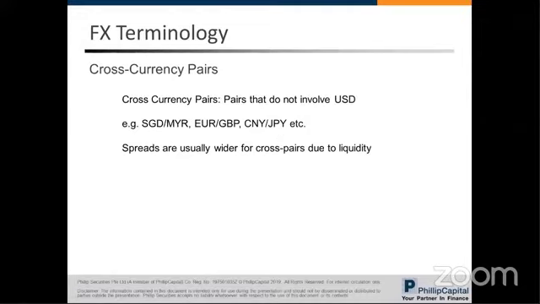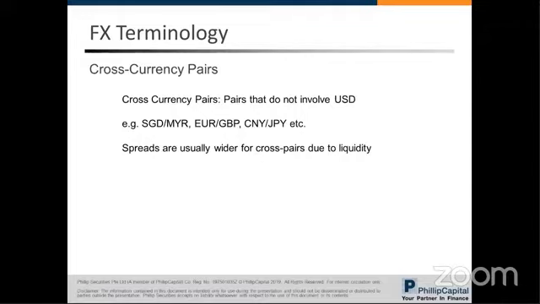Okay, the next terminology people use, besides direct and indirect quotes, is the cross currency pair. Cross currency pairs are pairs that do not involve the USD, which is our reserve currency. This includes SGD against the Malaysian ringgit, our favorite currency when we go to JB to use their services.